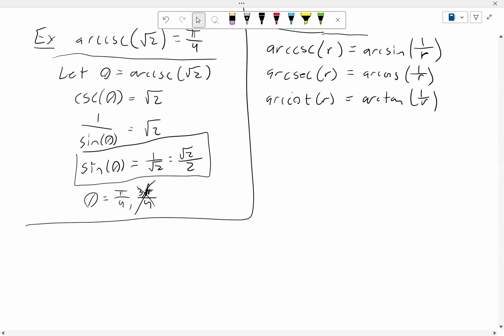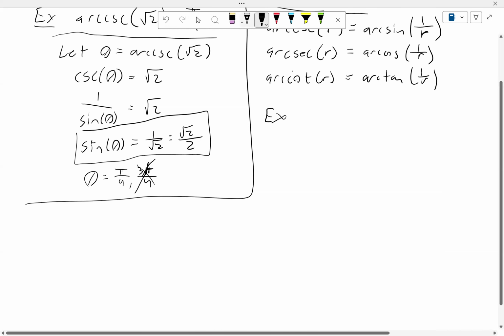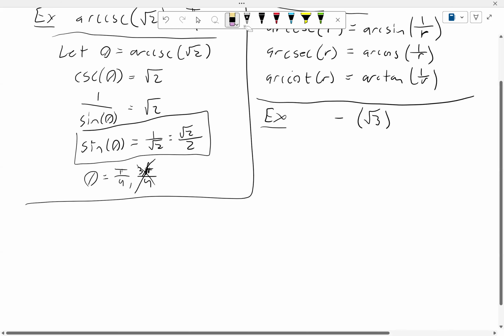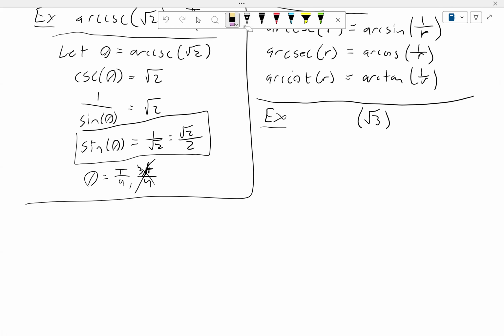And so, as another example, let's say that I just wanted to compute arccotangent of, how about square root of 3? Sorry, I said arctangent, but arccotangent of square root of 3. Not enough C's in there. Let me try that one more time.